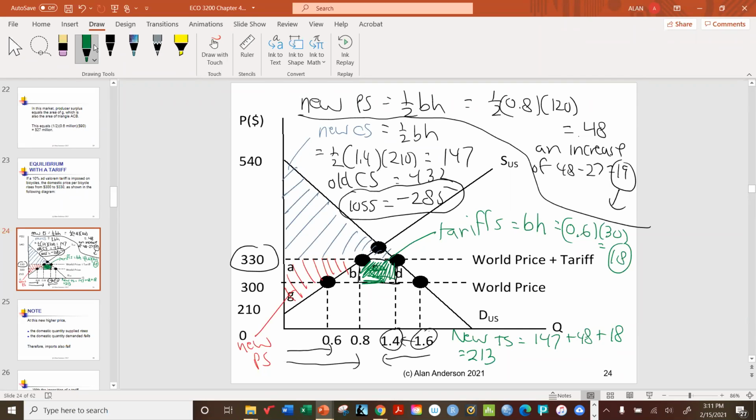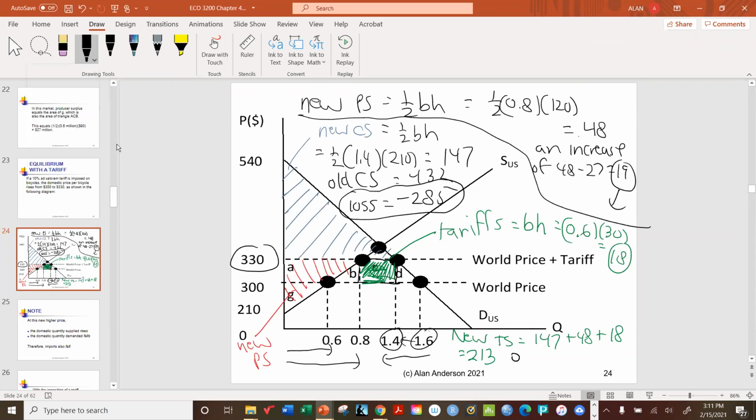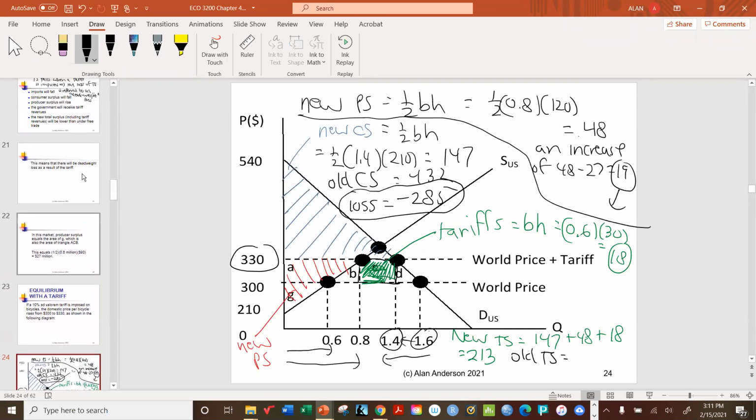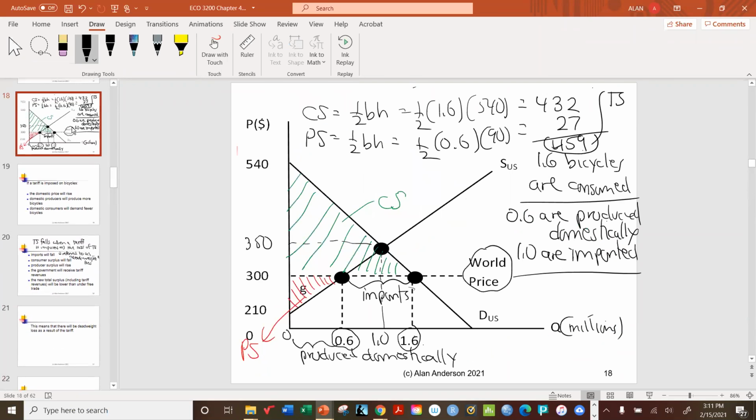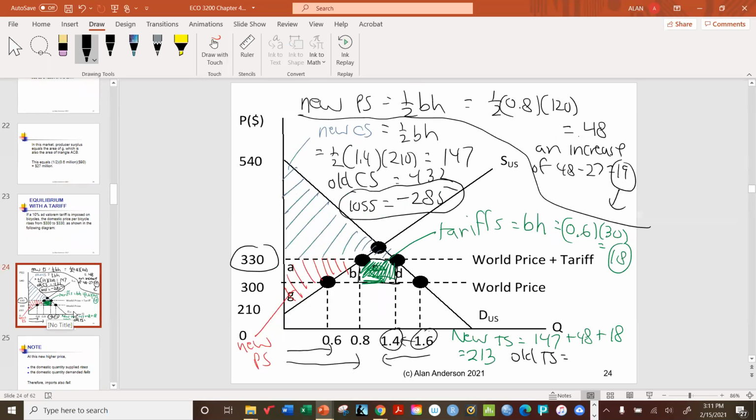The old total surplus was, and let's go look it up. I had it here somewhere. 459. Ooh, that's a big loss. So guess what?